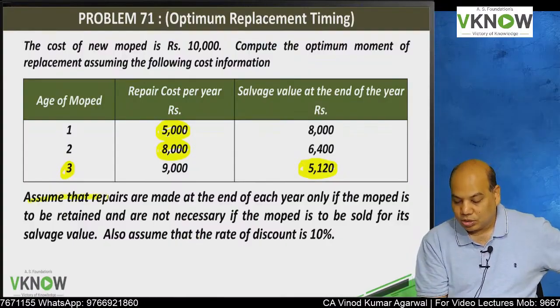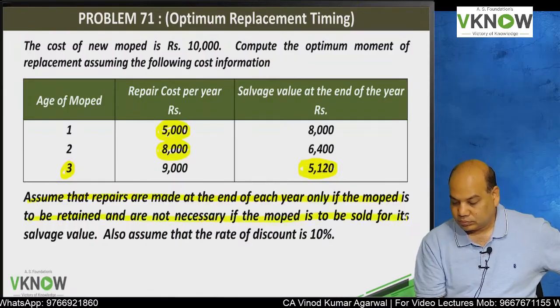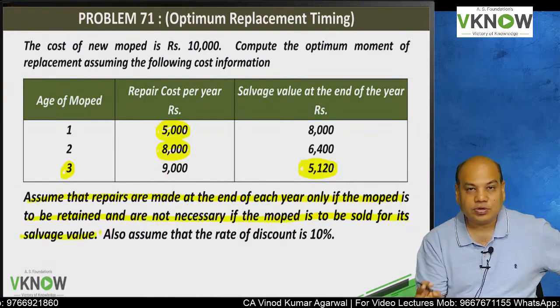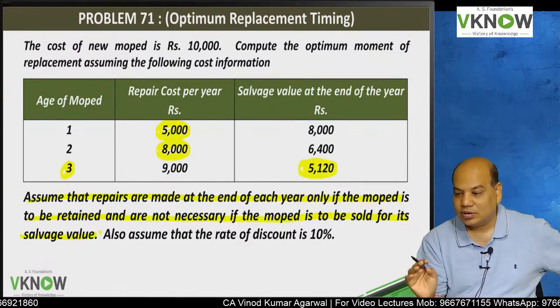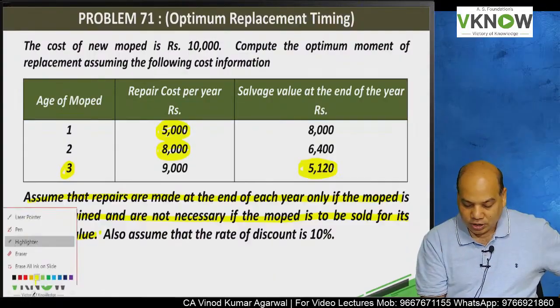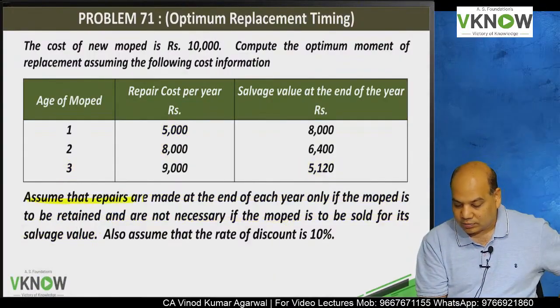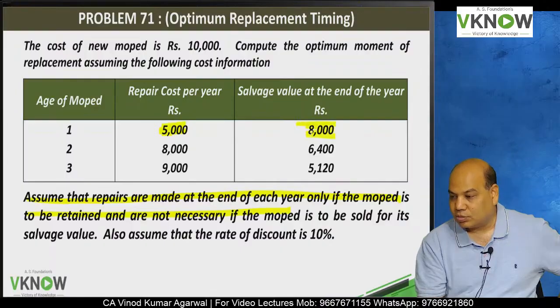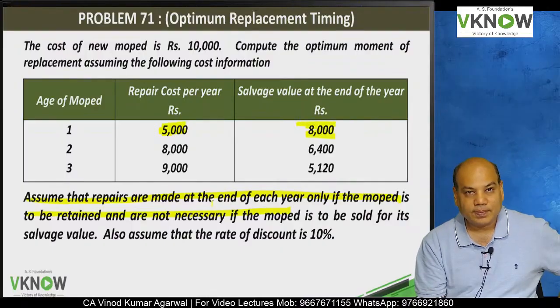Many students could not interpret this line, and they have taken repair cost in the first year also if the replacement cycle is 1 year. Follow the instruction given in the question. If this line was not there, then I will take repair in the first year 5,000 and salvage value also in the first year, both.